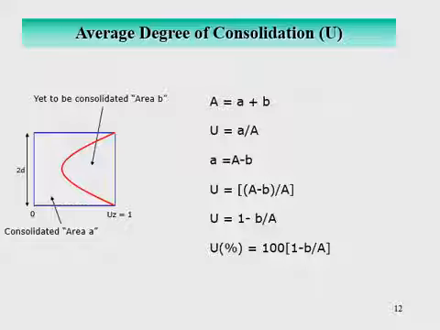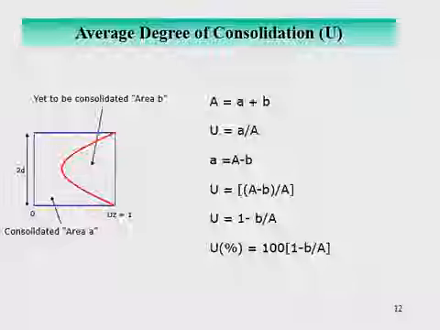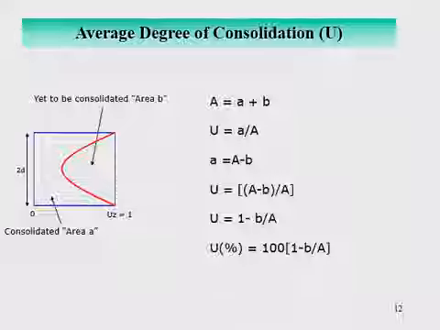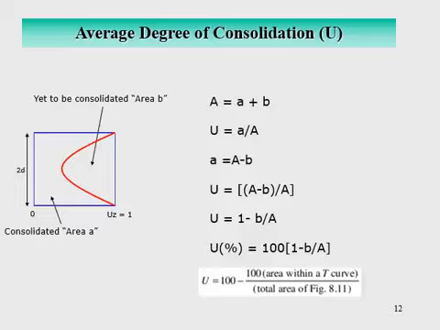So we can easily find the area within this curve, and if you put it here, you can find the average degree of consolidation for this clay layer at some time t. Or we can write this U, average degree of consolidation, is equal to 100 minus 100 over total area of the figure that was shown in our previous slide.